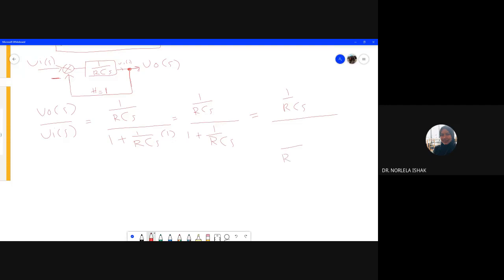We make the denominators the same. This will become RCS plus 1. Here and here we cancel. So we can get 1 over RCS plus 1. And then from here we have to simplify until we get the coefficient of S equal to 1.